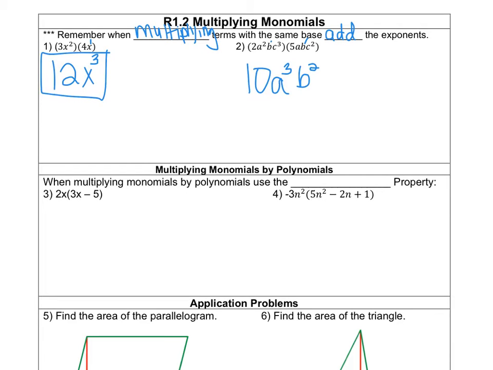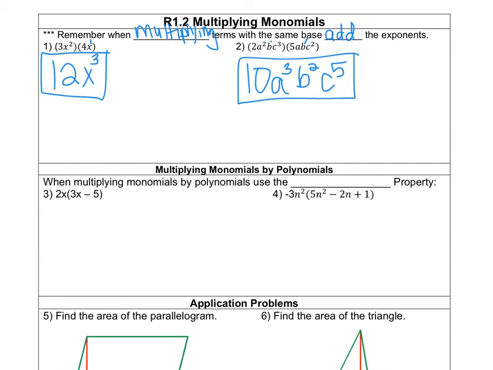So if we add those two together, we'd get a 2. And then the last one, c cubed times c to the second. Well, 3 plus 2 is 5. So this would be c to the fifth. Alright, so that's just multiplying and reviewing exponents whenever multiplying monomials together.